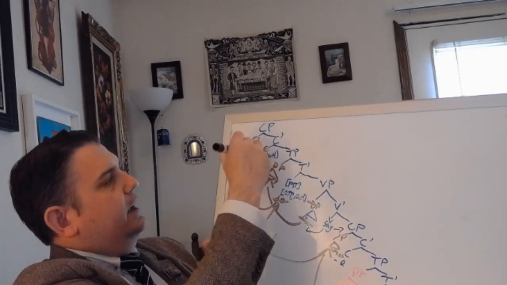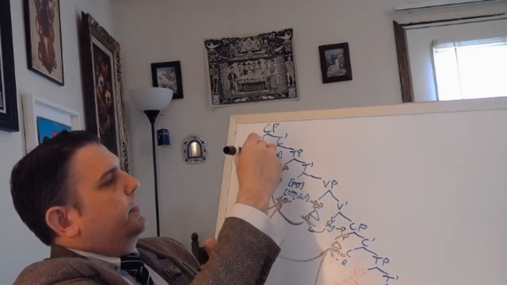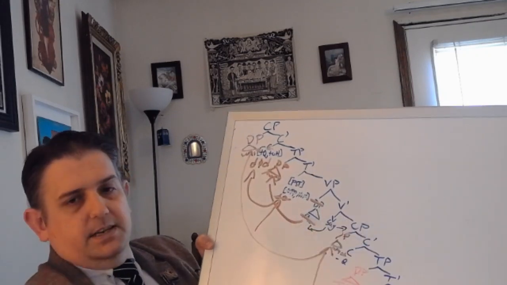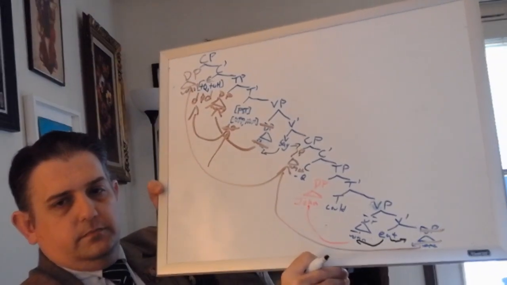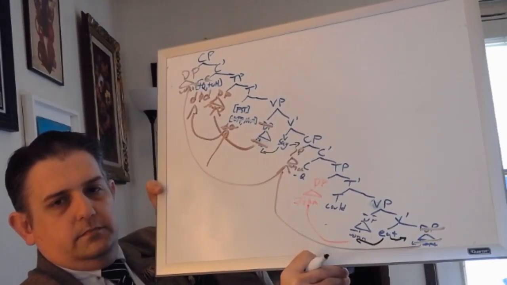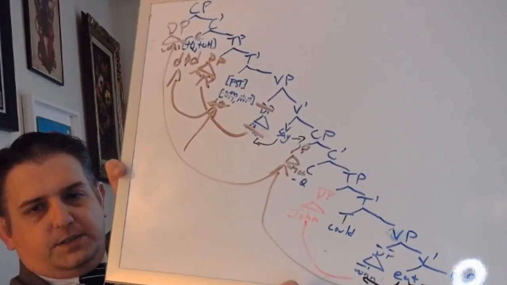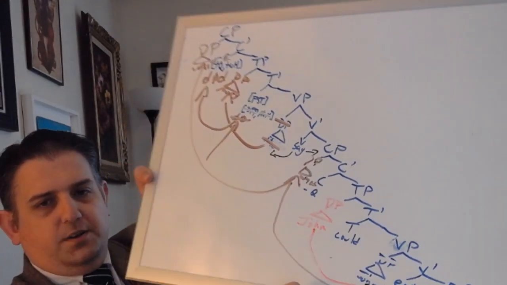It will end up here, but it's going to stop in this CP. I know this tree looks pretty messy, and it's only going to get messier as we move on, but doing the best we can with the technology. So that's the basics of WH movement. We will complicate things a little bit more in our next videos.